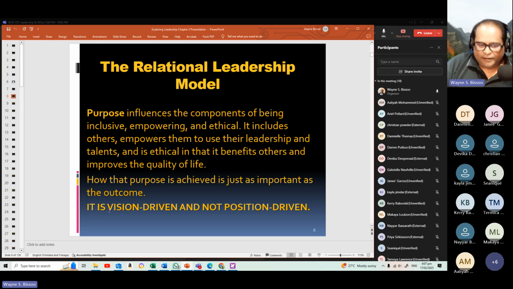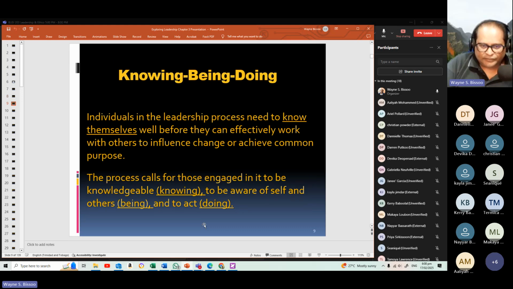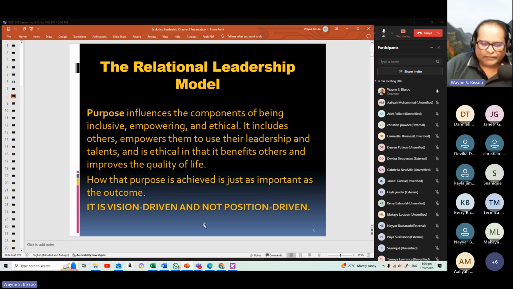But in organizations, you have two ways in which the vision or purpose arrives. The organization is either driven by the vision that it hopes to achieve, or it is driven by the position, the person sitting in the driver's seat, the leader of the organization. We would prefer that most organizations are vision driven and not positionally driven, meaning it's not dependent on a specific individual.